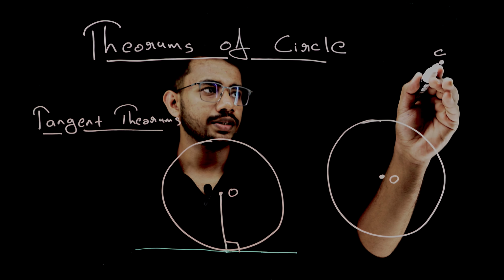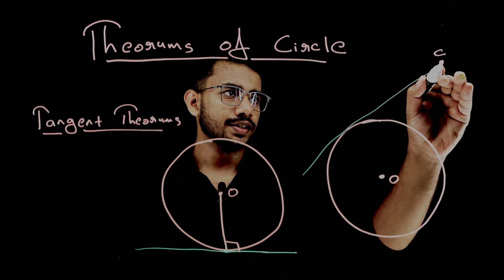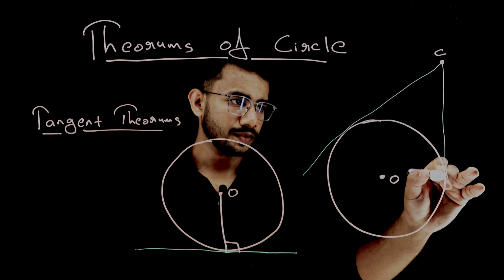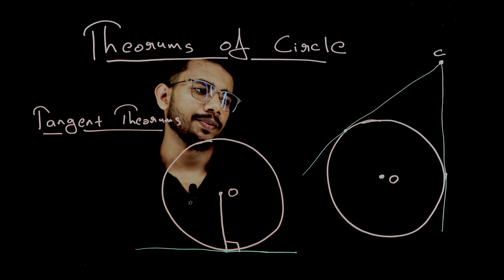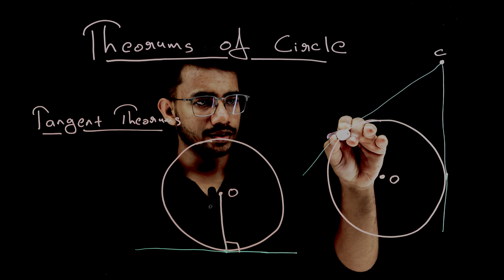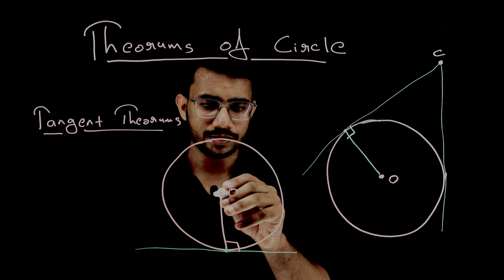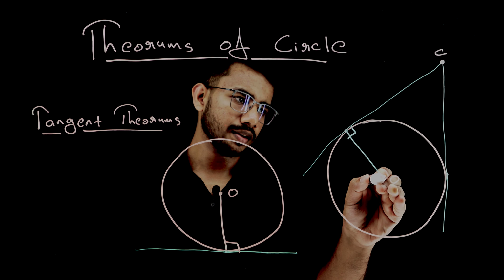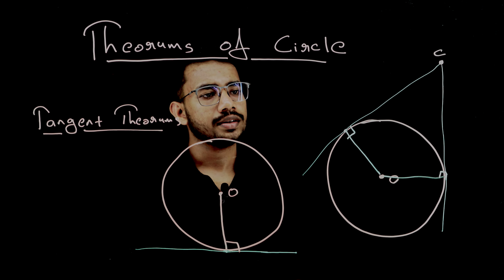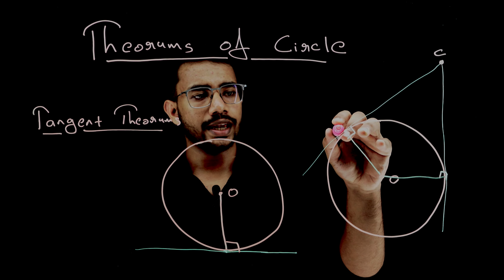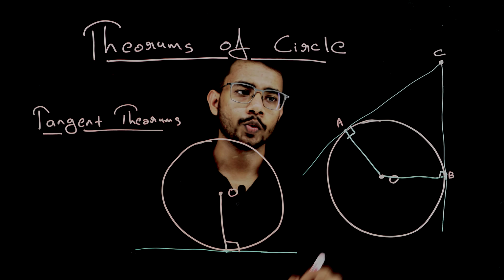The first one will be this line, and the second tangent will be going on like this, and it is touching one of the points on the circle itself. And I'm drawing the radius also here, and here the angle is going to be 90 degree as per the first rule, and here also it is going to be 90 degree. And I'm noting this point as A and this point as B, the points where the tangents are touching.